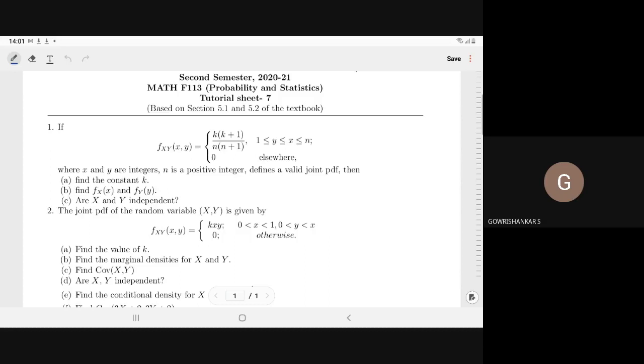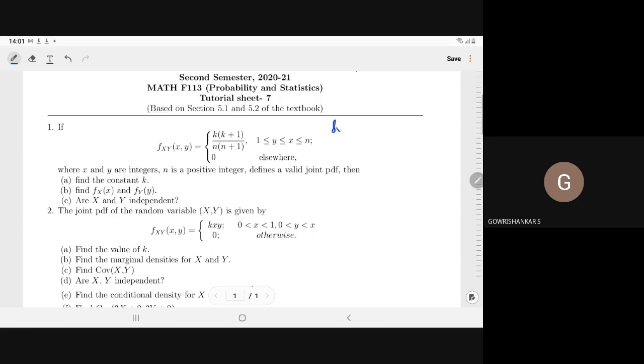If f_XY(x, y)... So first, what is the idea of the joint distribution? It means when we have more than one random variable. The PDF for more than one random variable is known as the joint distribution or joint PDF.